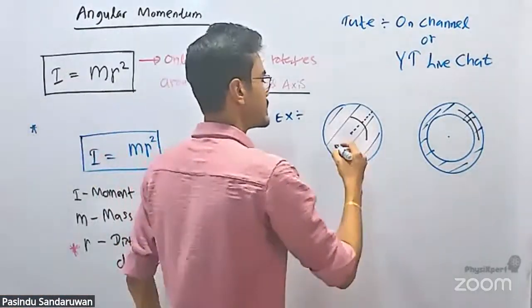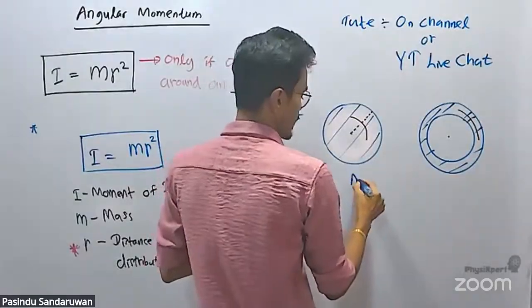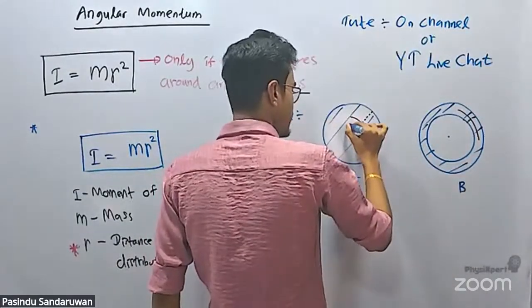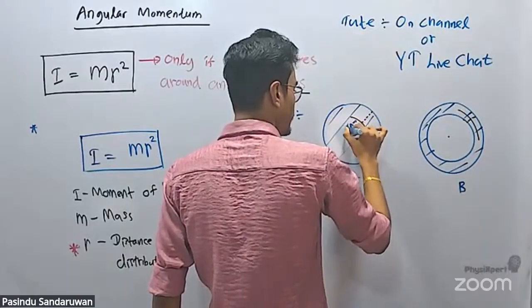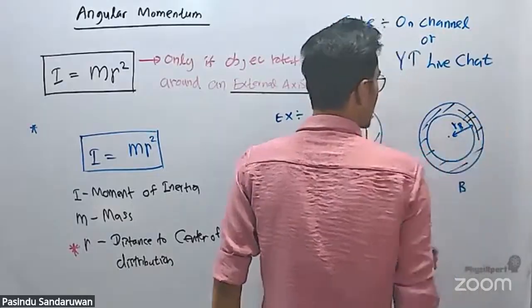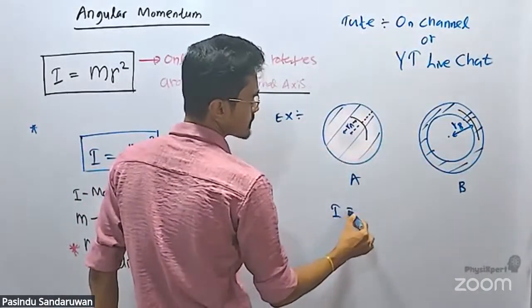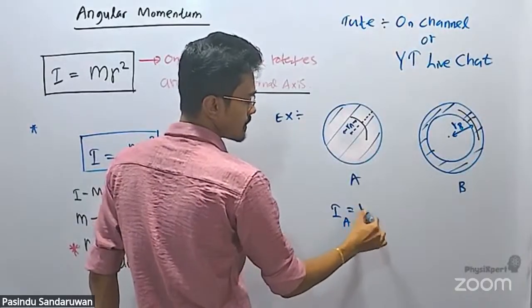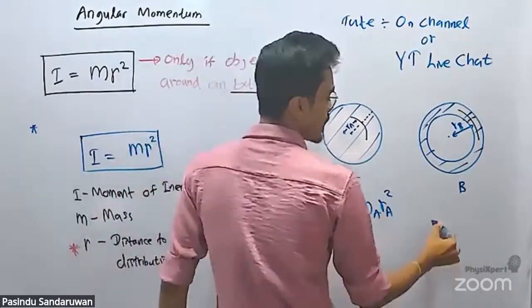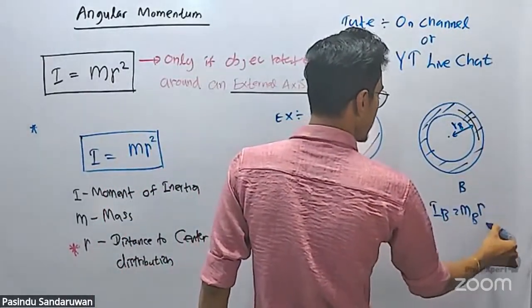Let's say this is scenario A with RA, and this is scenario B with RB. Since I equals mr squared, IA is MA RA squared, and IB is MB RB squared.